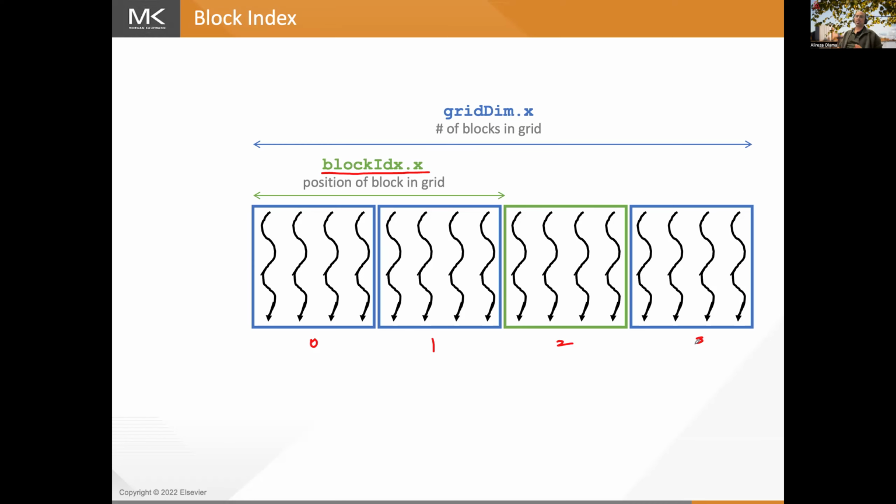And still, because a grid can be multidimensional, you should also get the block indices along the direction that you want. So in this case, we are getting the index of the block along the x direction. Using that we can identify the position of the block in the grid.